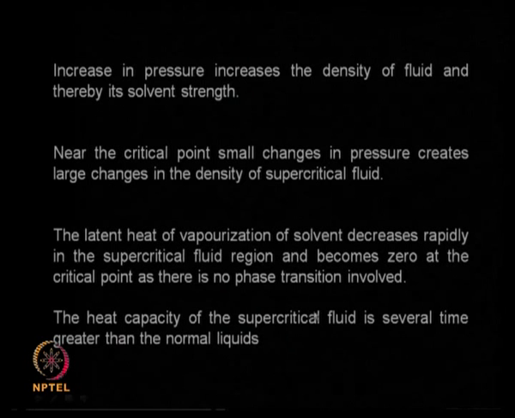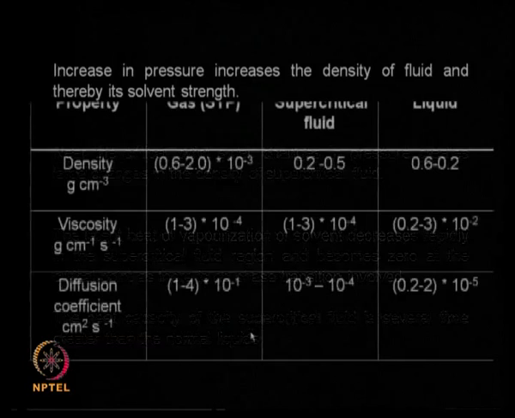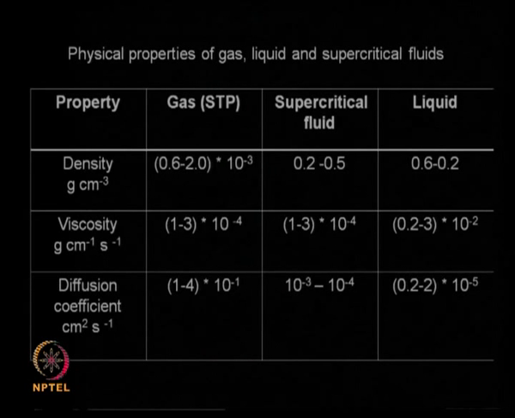And also the heat capacity of the supercritical fluid will be several times greater than the normal liquids. If you look at physical properties of gas, liquid and supercritical fluids, as I said, supercritical fluids fall between gas and the liquid, and so it gets the advantages of gas, it gets the advantages of liquid, at the same time it discards the disadvantages of both these.